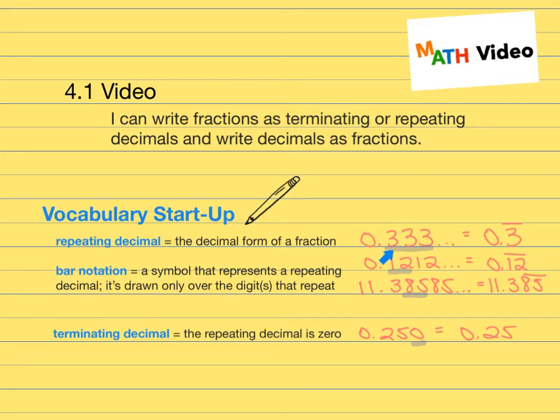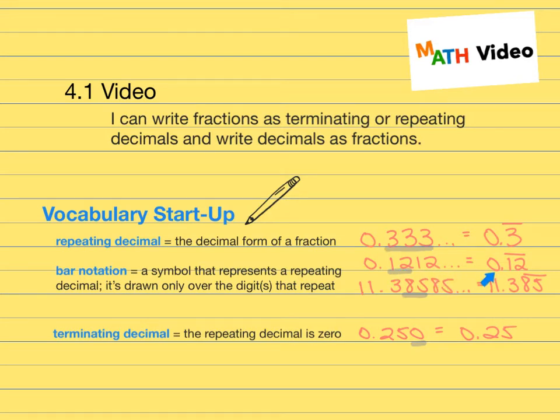Do you see in this decimal we have 3's that are repeating? It's only the 3 that repeats. So this is a repeating decimal, and we can draw a straight line, that's the bar notation, and just write 3/10 repeating. In this example, notice how 1 and 2 are the digits that repeat.